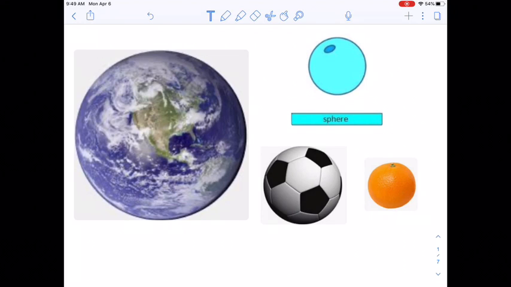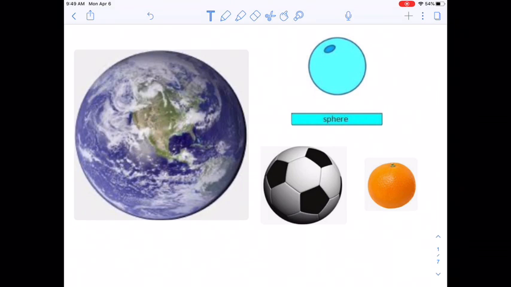Yes, they are. But are they all the same color? Nope. Are they all the same size? They're not. An orange is pretty small. I could hold it in my hand. A soccer ball, bigger than an orange, but definitely not as big as our world. And if I put our Earth on my iPad, it would have to be much, much bigger.